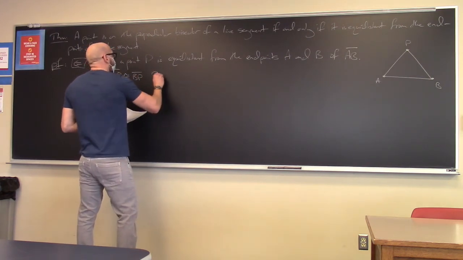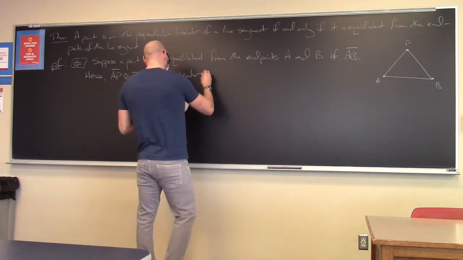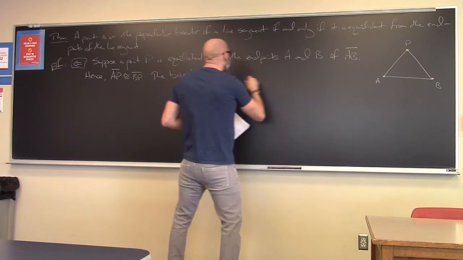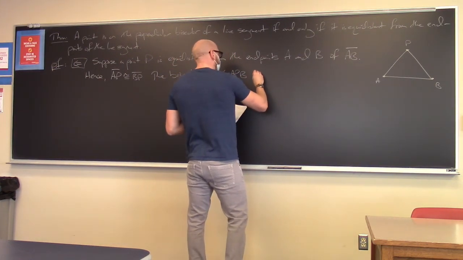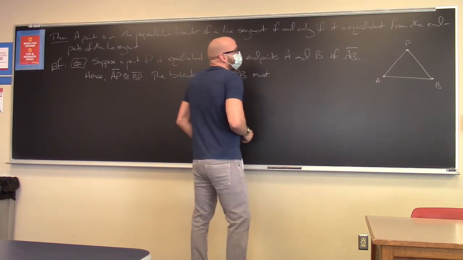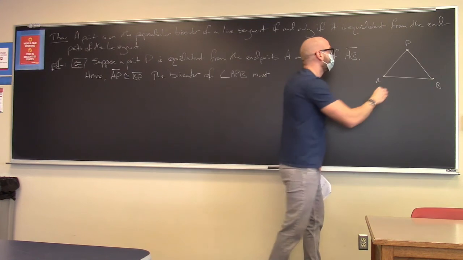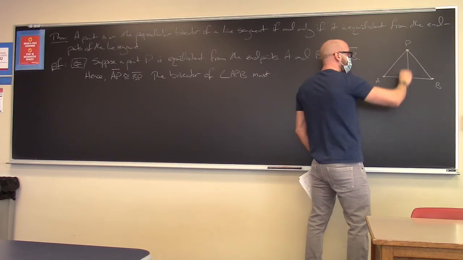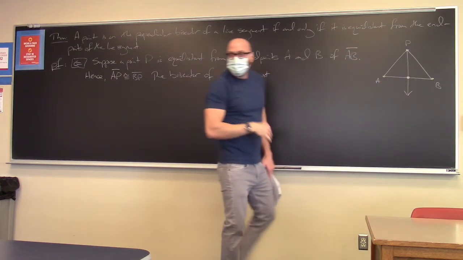What can I say? So the bisector of angle APB must do what? Well, in comes the crossbar theorem, right? If I draw in the bisector of angle APB, that has to intersect side AB at a point, right?